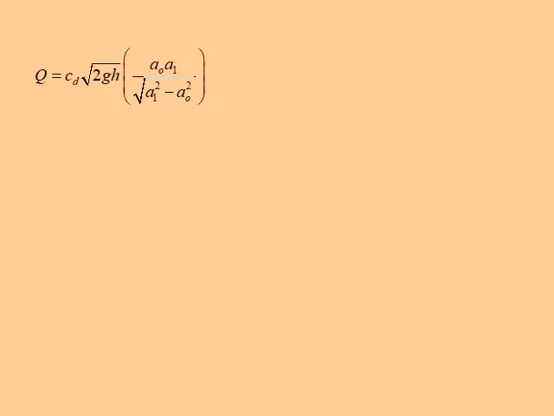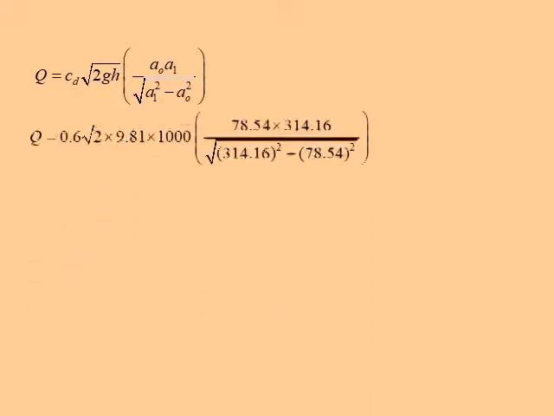So the discharge formula in the orifice meter: Q is equal to CD into square root of 2gH into A naught A1 by square root of A1 square minus A naught square.